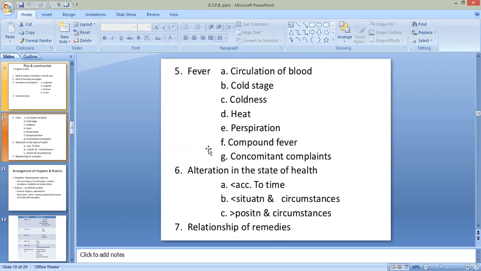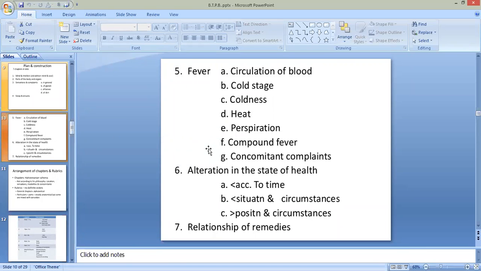While giving the aggravations according to time, he follows some order like that of Kent repertory. The rubrics and sub-rubrics related to time are arranged in proper sequence.